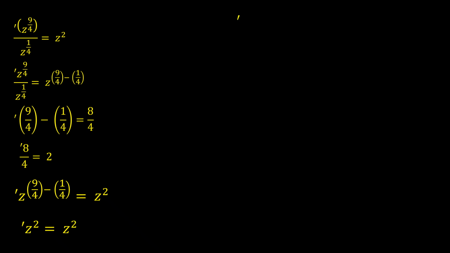Consider an alternative approach by writing as radicals: z to the power of 9/4 divided by z to the power of 1/4 equals the 4th root of z to the 9th divided by the 4th root of z.